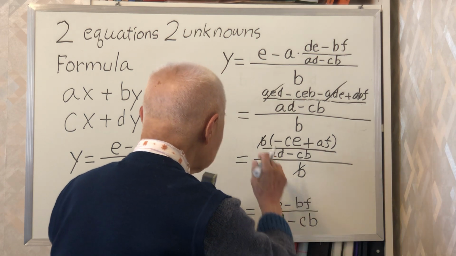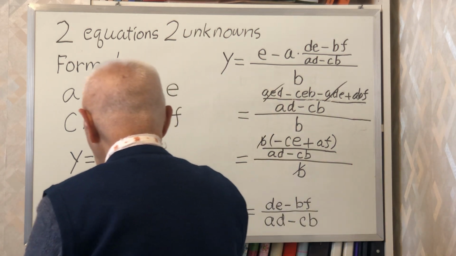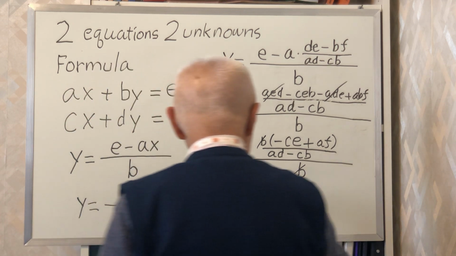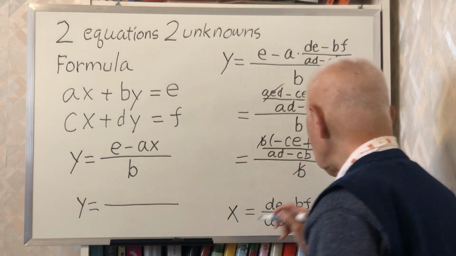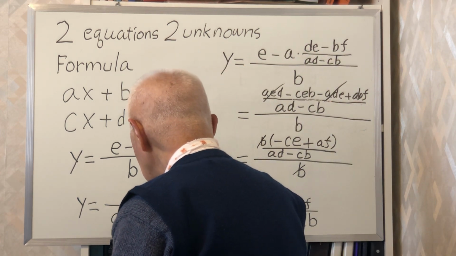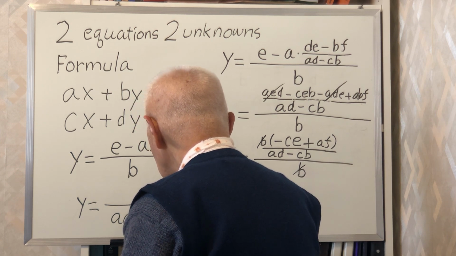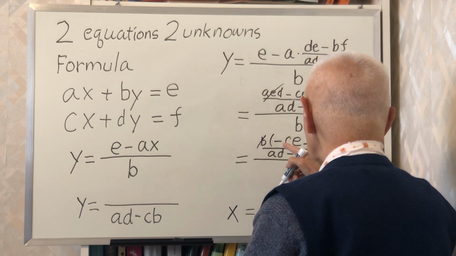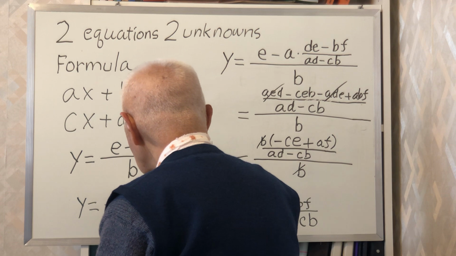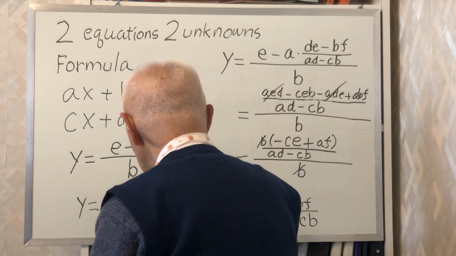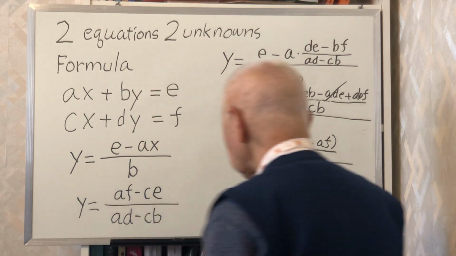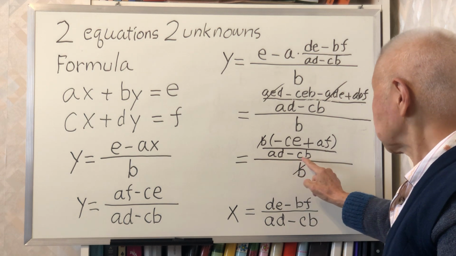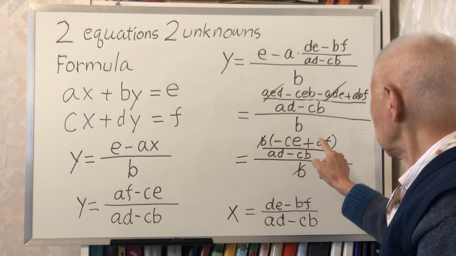I have no space here, so let me write y here. Now y is equal to AF minus CE in the numerator, and AD minus CB in the denominator.